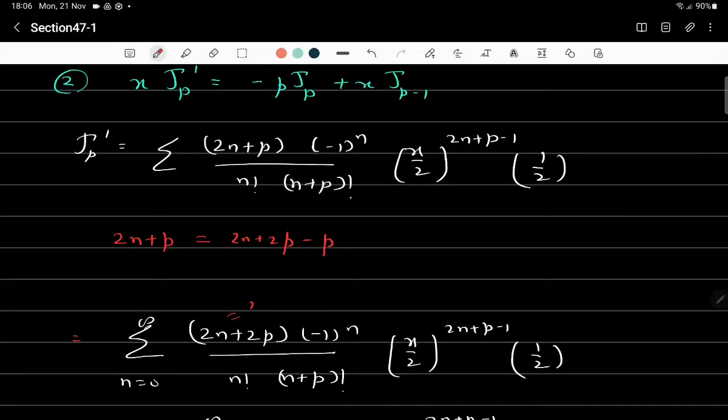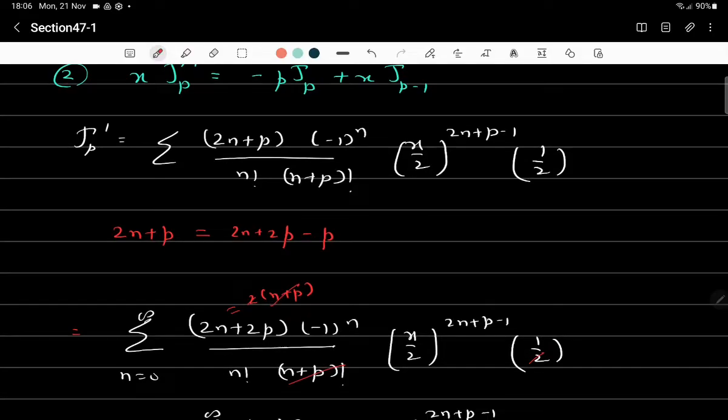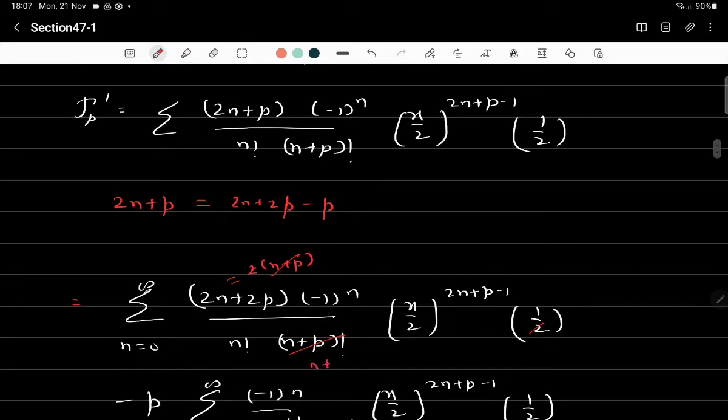Now this first term is 2n plus p, and if I cancel this 2 and this 2 and n plus p with this one, it is n plus p minus 1 factorial. Yes, and actually I need the answer in terms of x Jp minus 1, so this p minus 1 is perfect for me.